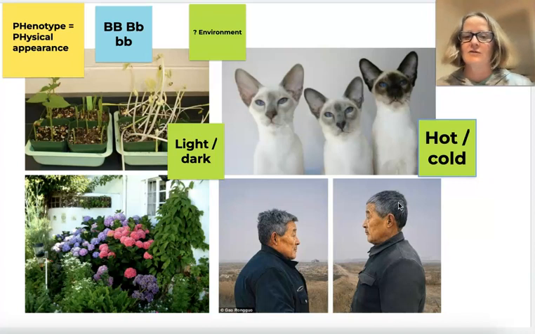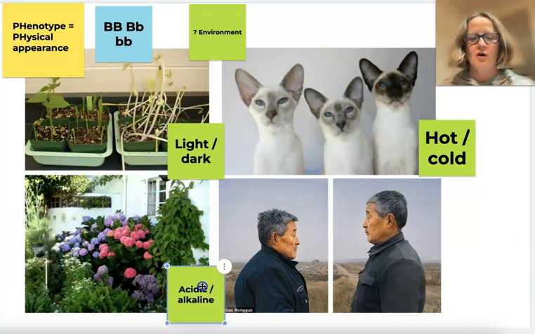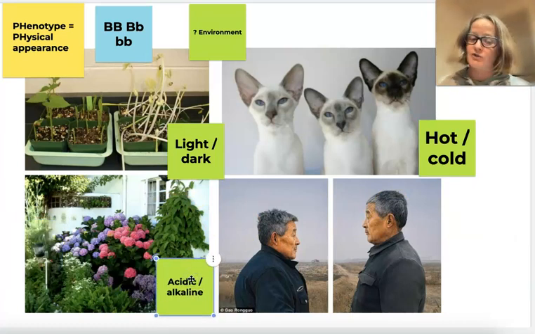So that's why you've got that sort of classic Siamese look in those cats. And bottom left with the flowers, they are showing the effects of either acidic or alkaline soil, giving different flower phenotypes. And over on the right at the bottom, we have two gentlemen who are actually identical twins.